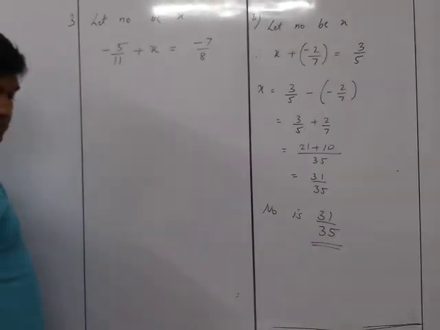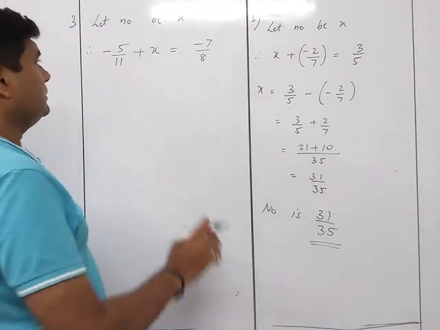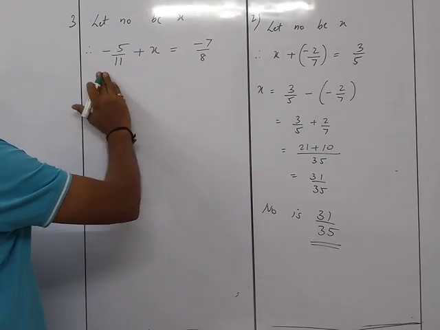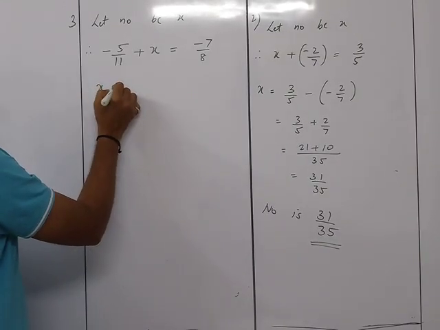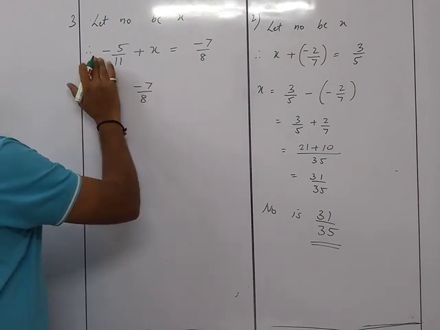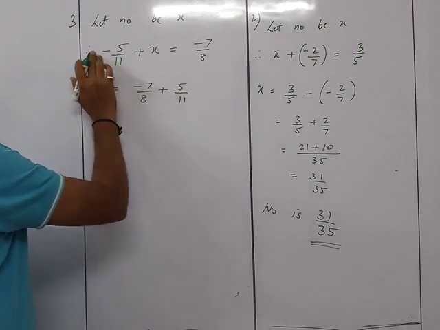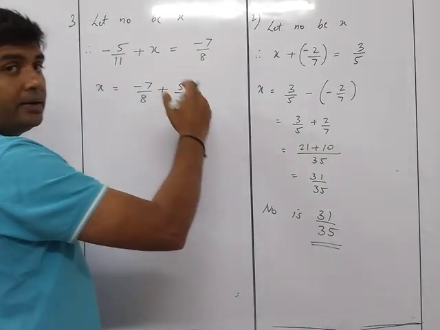This is the question. Okay, this plus this is equal to this. X we'll keep here, bring this on this side. We get x is equal to minus 7 upon 8. Now when it goes from here to here, it will become plus 5 upon 11, because this is subtraction. On this side it will become addition.